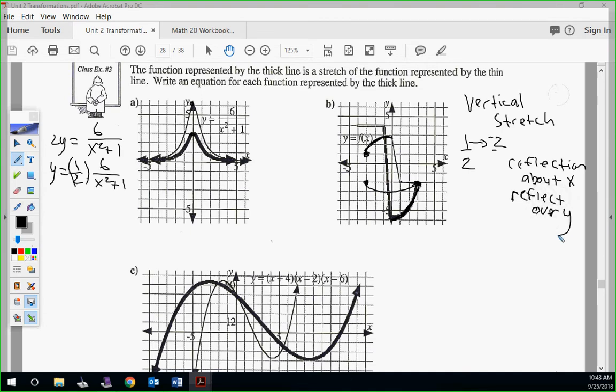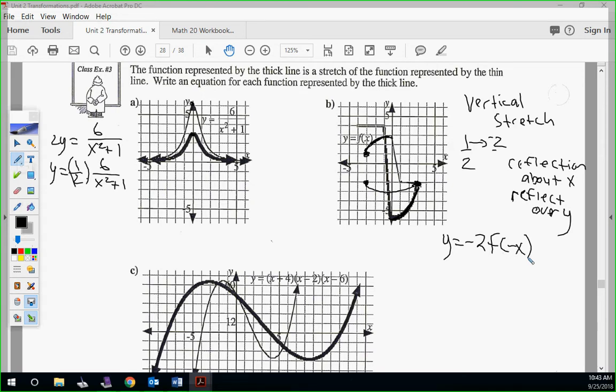So how can I do that with the f of x function? Well, it would be y equals negative, we said vertical stretch, right? So that means a negative what? 2 f of negative x.